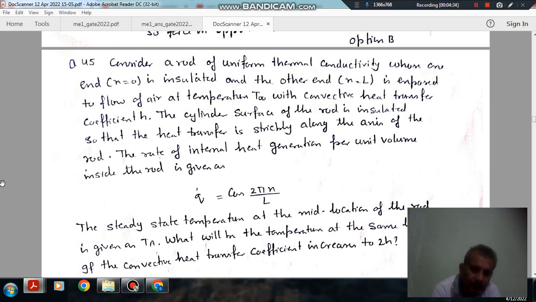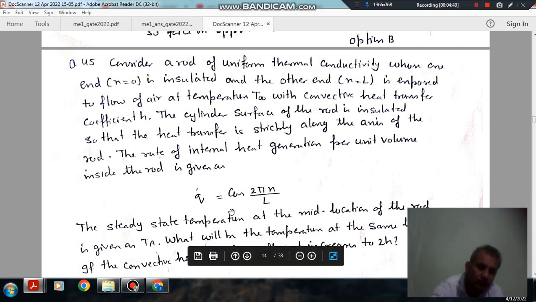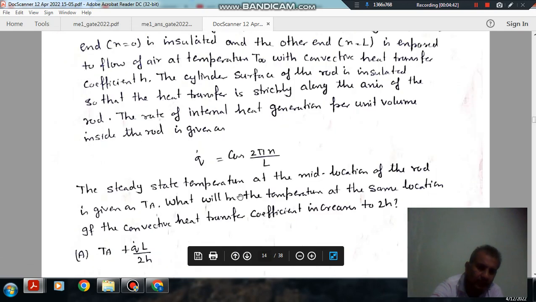The rate of internal heat generation per unit volume inside the rod is given as Q dot equal to cos 2 pi x by L.